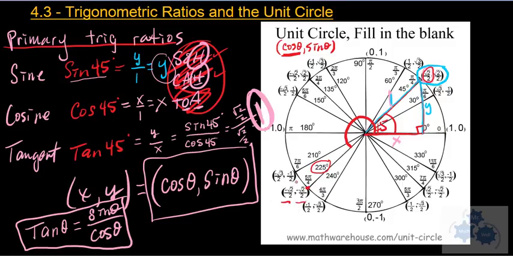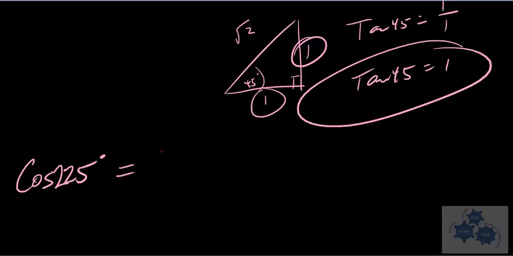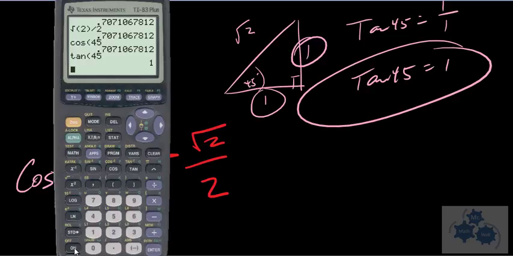The first coordinate is cosine. That is the cosine ratio. That's it. So you don't have to do SOHCAHTOA. You simply look at the circle. Negative root 2 over 2. Double check on your calculator now if you want. Cos 225, negative 0.7071, that's root 2 over 2.